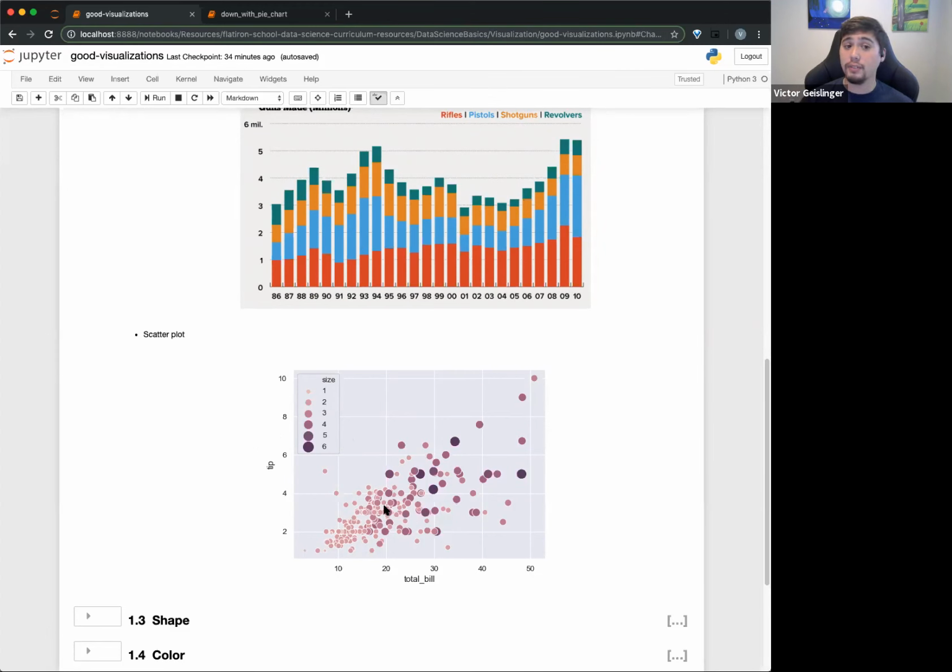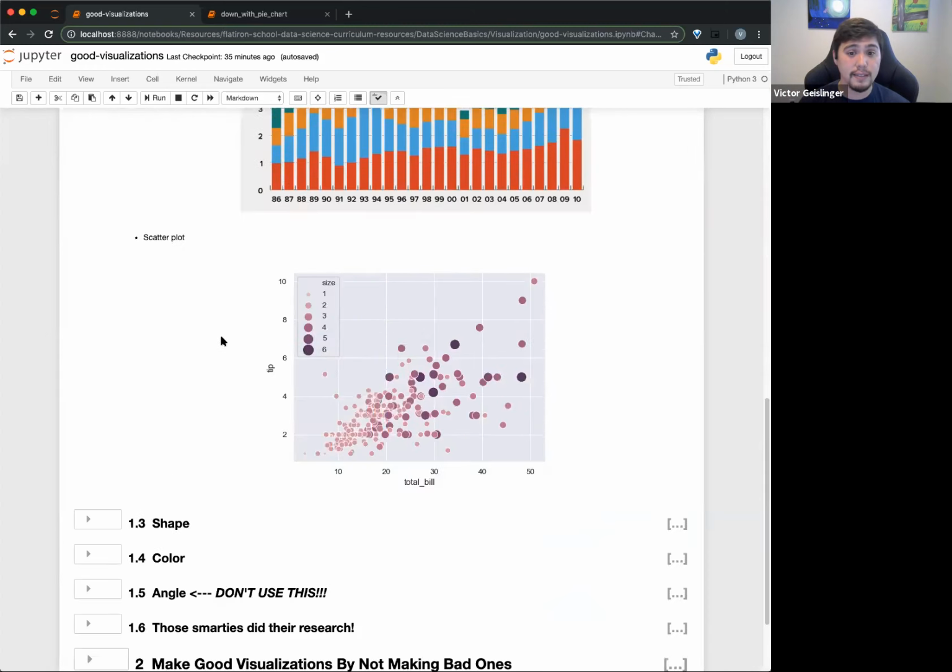I would say be careful with this one, because if the sizes are very drastic, or they're all very similar, using size that way can be misleading or hard to understand. Also note that this scatter plot is using color too. The color and the size help emphasize which ones are larger and which ones are smaller. Okay, so that's length and size.